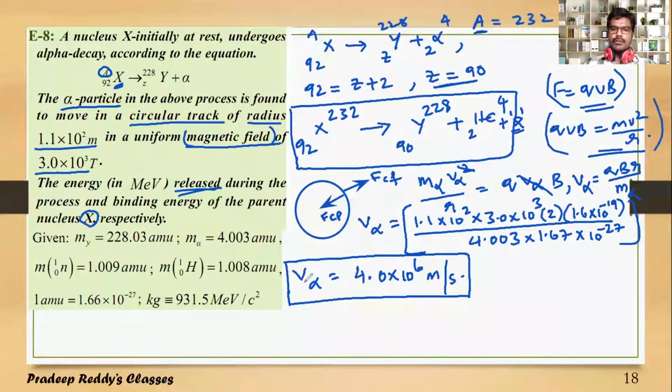So students, we have got equation for velocity of alpha particle, and its value is 4 into 10 power 6 meter per second. The basic equation, which is the nuclear reaction equation which we have, is this. You are supposed to calculate energy released. In order to find out energy released, see here, this is the product Y, and here we have product alpha.